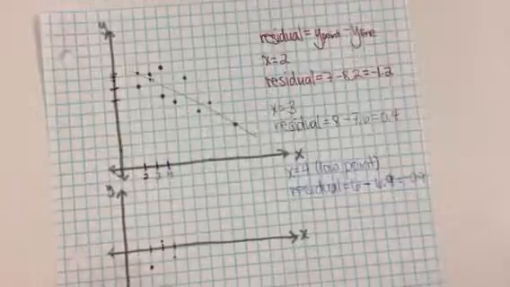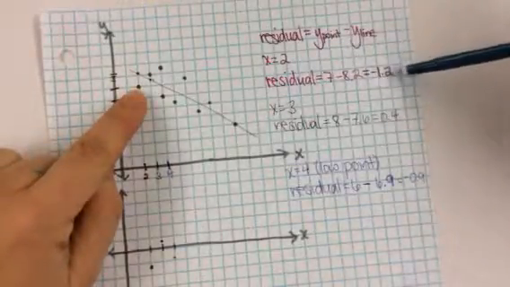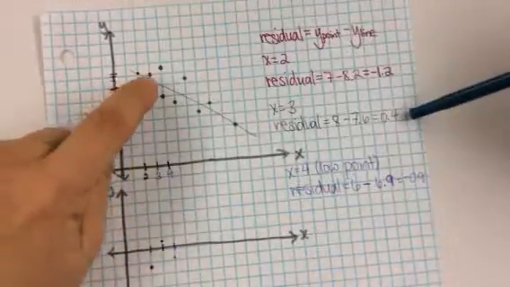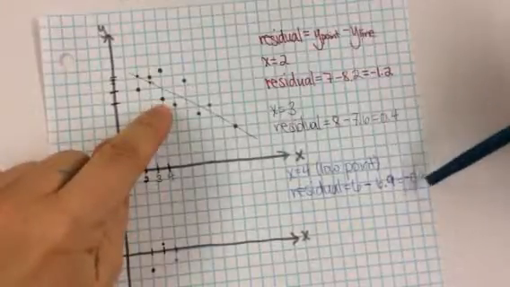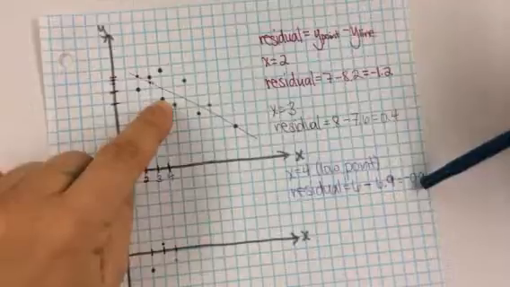Okay, now notice, for this first point, it was below the line and the residual was negative. For this next point, the point was above the line and the residual was positive. And then for this next point, the point is below the line and the residual is negative.